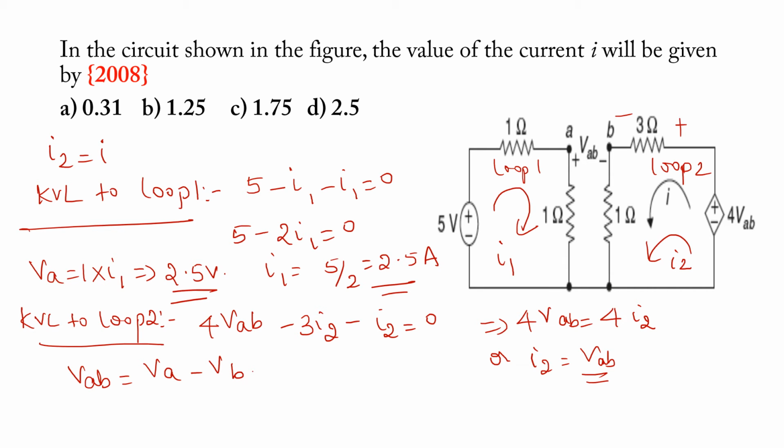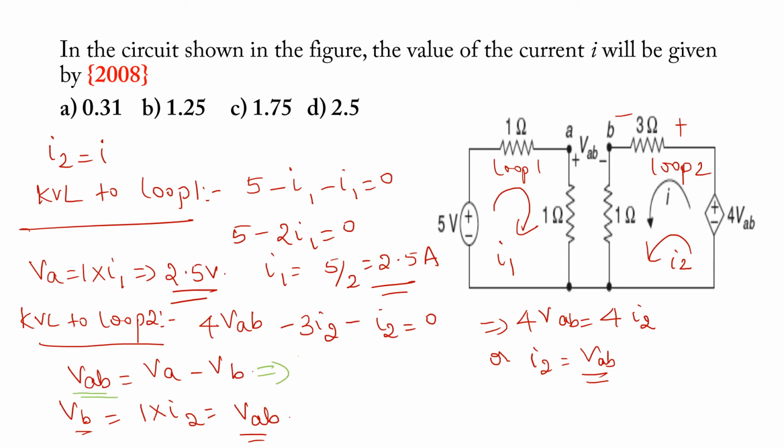So what is VB? VB is 1 into the current, which is I2. I2 is nothing but VAB. So VB is nothing but VAB. So in the place of VAB, in this particular expression, we substitute VB.